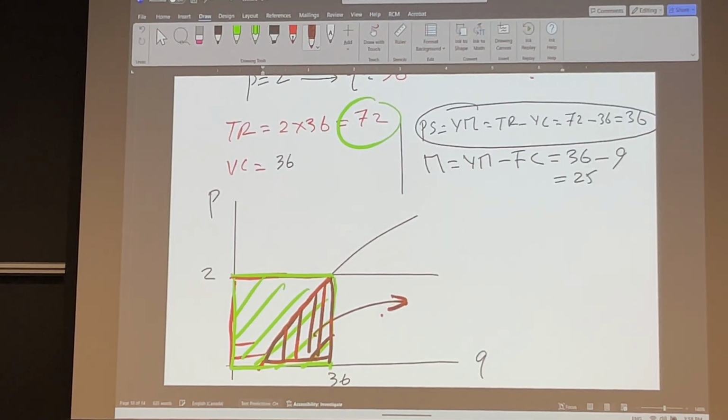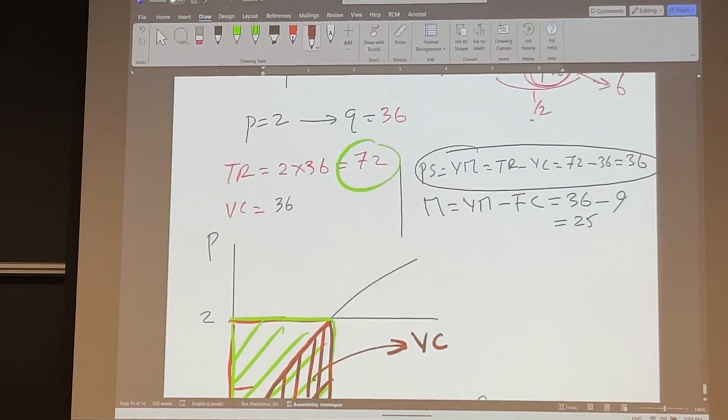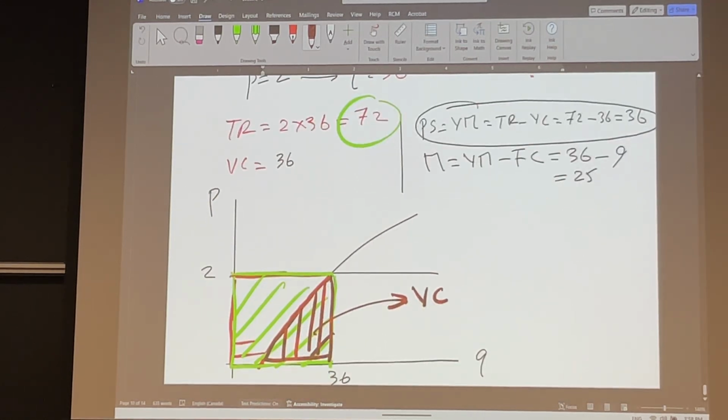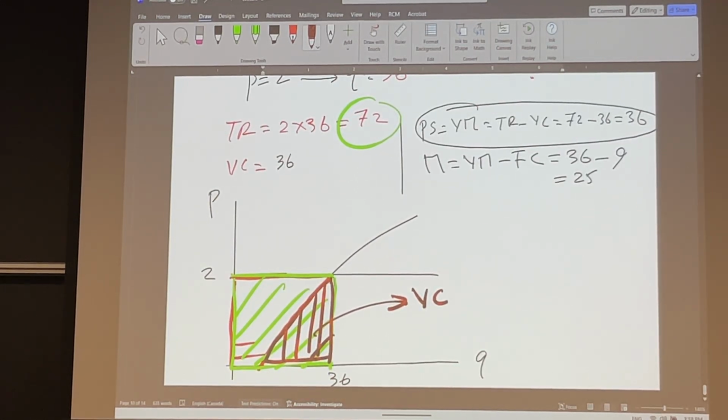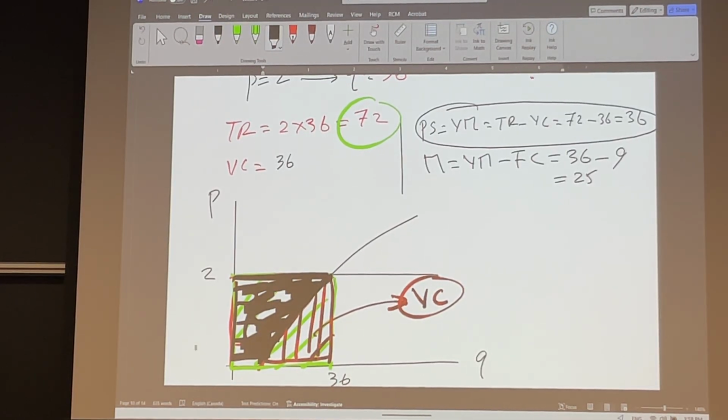This is variable cost. I have a formula for it that doesn't require integration. So instead of calculating that area directly, I took total revenue and subtracted the variable cost from it to end up with the surplus. That is what I found as a result.